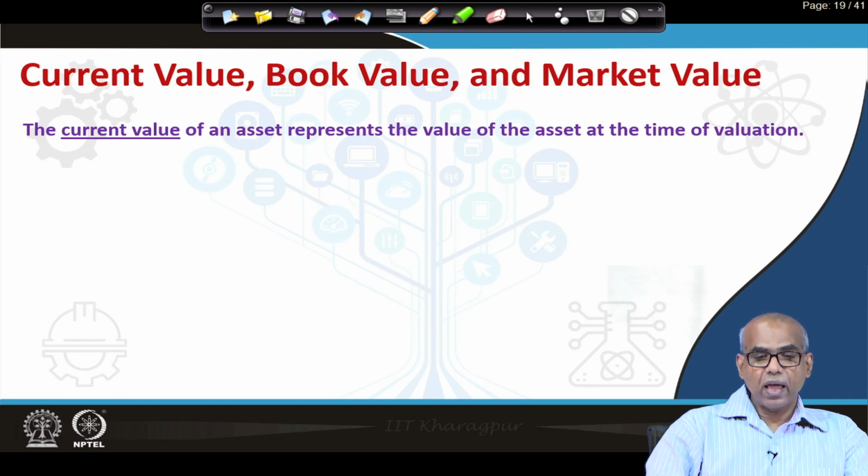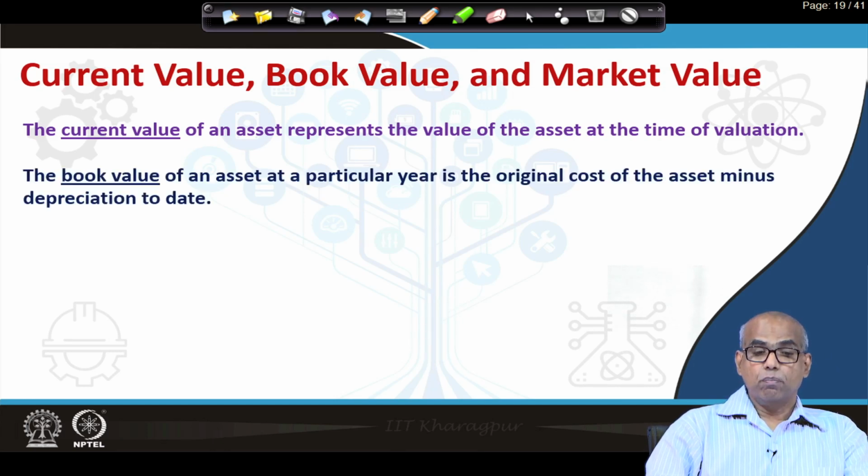The current value of an asset represents the value of the asset at the time of valuation. The book value of an asset at a particular year is the original cost of the asset minus the depreciation that has been charged up to that point of time.